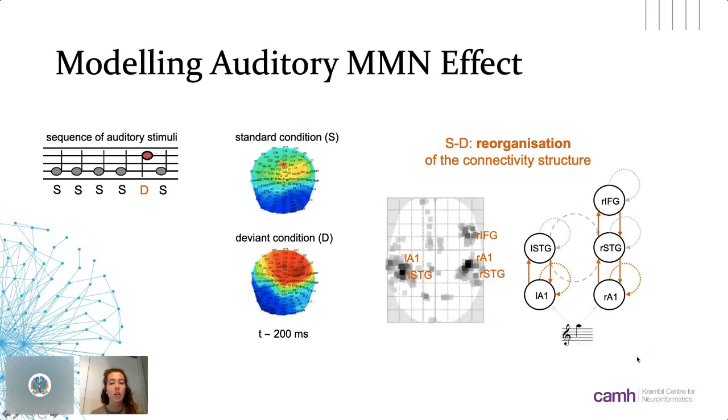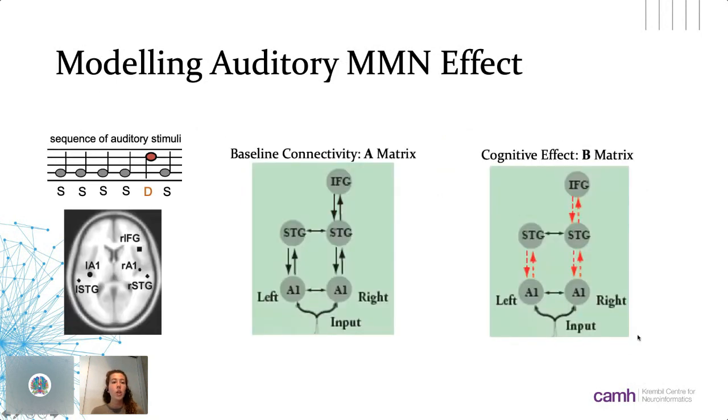And so just to recap, we showed that DCM can model this MMN prediction error signal, and it's reflected in terms of changes in extrinsic connectivity between the primary auditory, secondary auditory, and inferior frontal regions, as well as local adaptation within the A1. And just to show how we would model it, Andreea talked about the different matrices before, but DCM provides this matrix format in which we can input our connections.